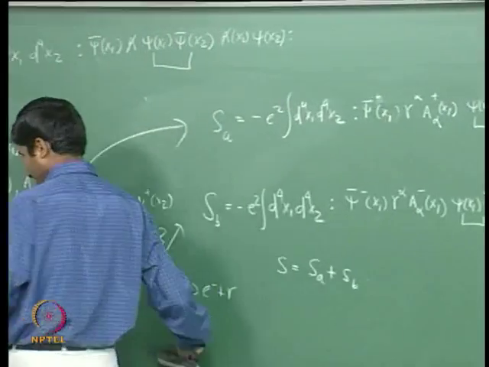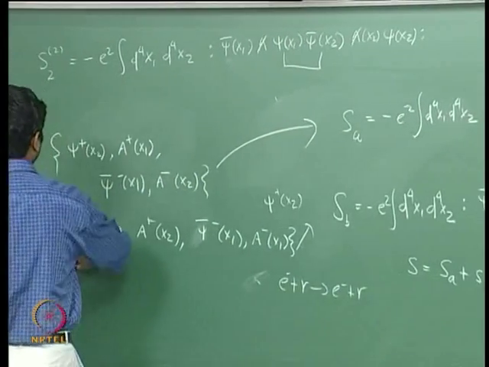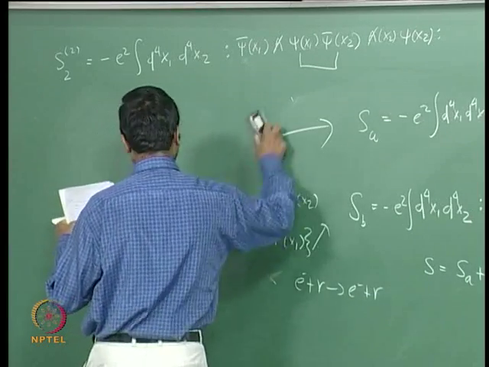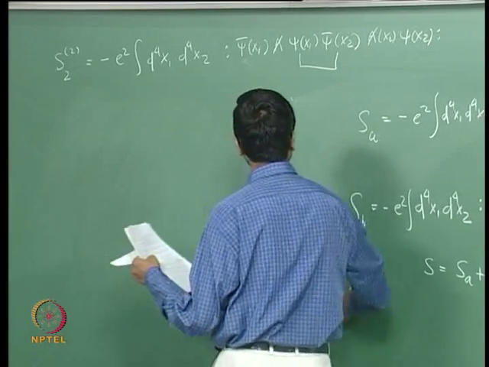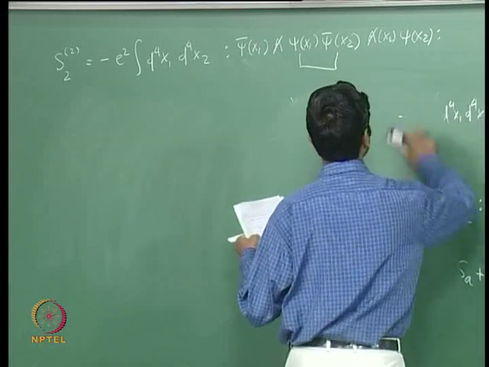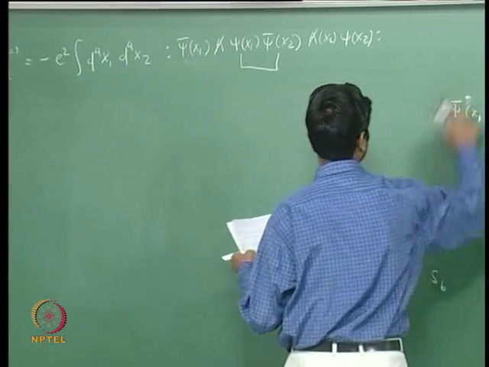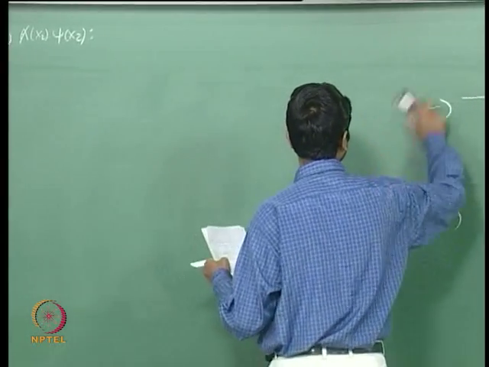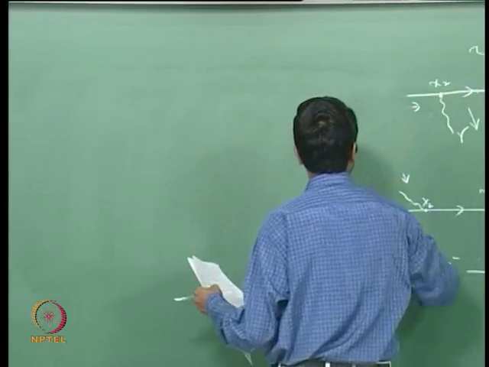Similarly, you can discuss pair creation, pair annihilation, and so on. Let's see what happens when we want to describe this process of pair creation.